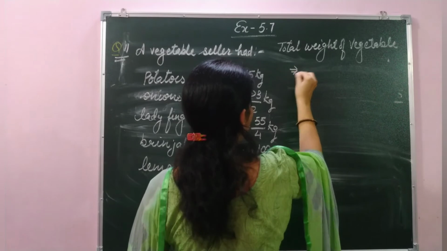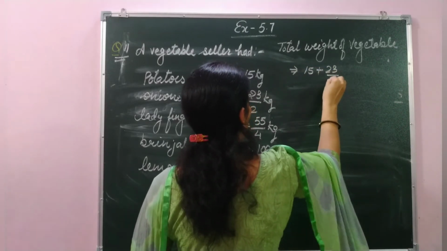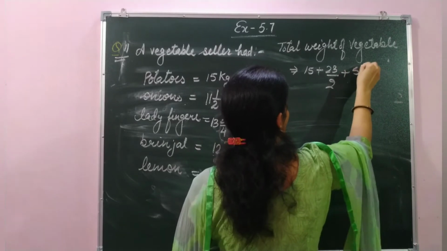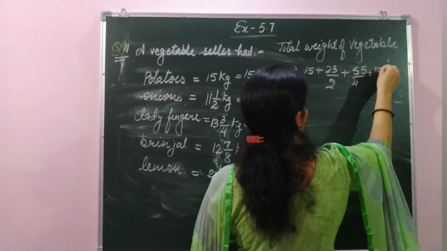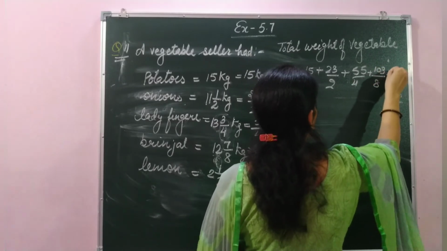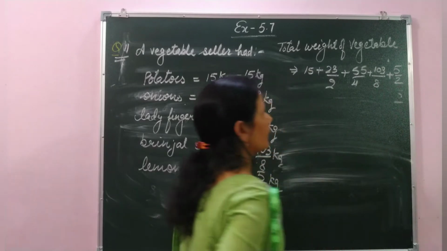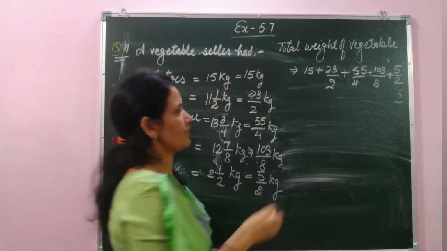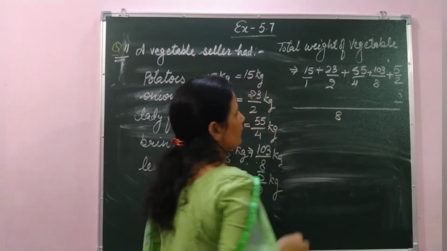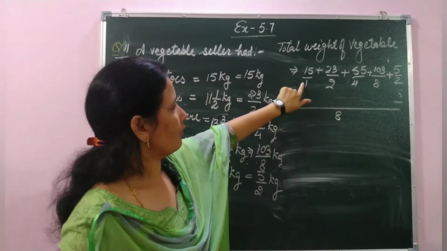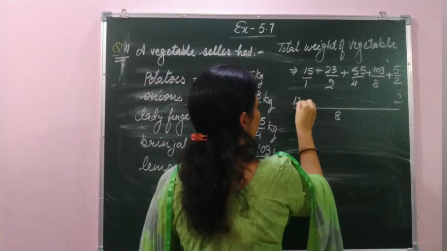Now we have to find the total, so we do the addition: 15 plus 23/2 plus 55/4 plus 103/8 plus 5/2. So first of all take the LCM. If we take the LCM, it will be 8. So take the LCM as a common denominator. Here 8 divided by 1 is 8 only, so 15 8s are 120.